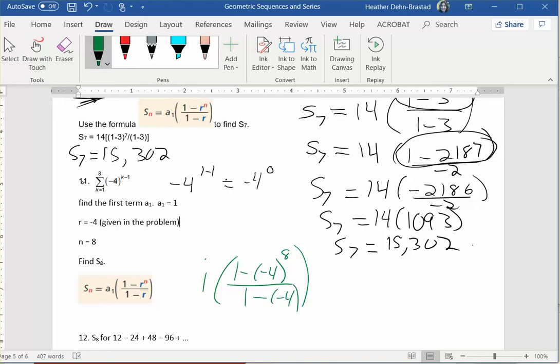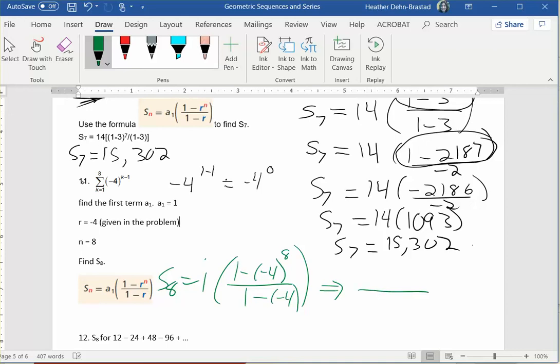So watch your negatives on this. This is s sub 8. So the 1 times this is not going to change our answer. Multiplying by 1 doesn't change your answer. So at this point you could just know that it's just going to be 1 minus negative 4 to the 8th power over 1 minus negative 4.